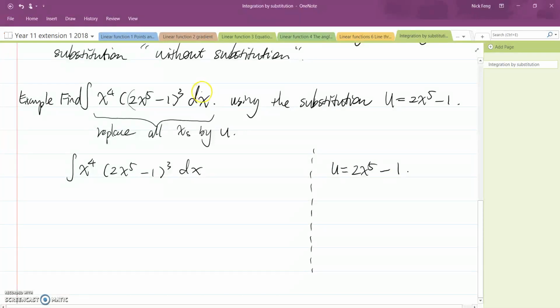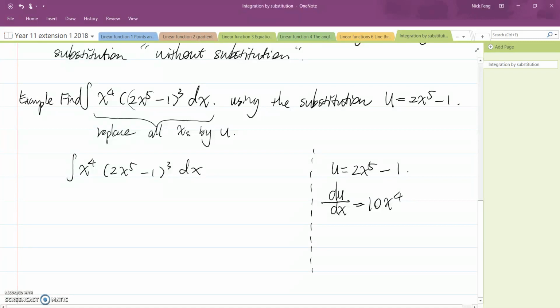Because we have dx right here, we also differentiate u with respect to x. That is one of the most important reasons why I always ask you to write the derivative in this way instead of y dash. If you use u dash in this case, it doesn't actually help you do the substitution. So you should write du over dx equals 10x to the power 4.